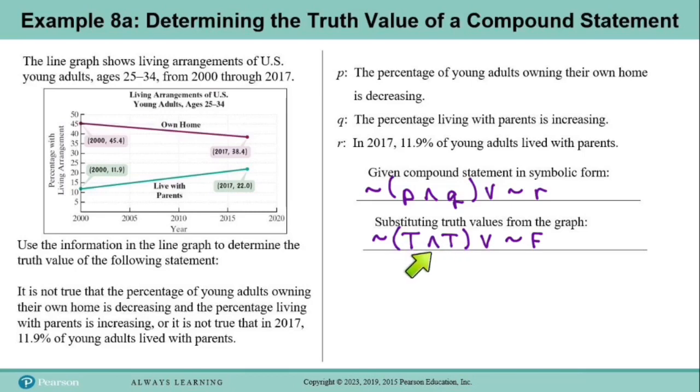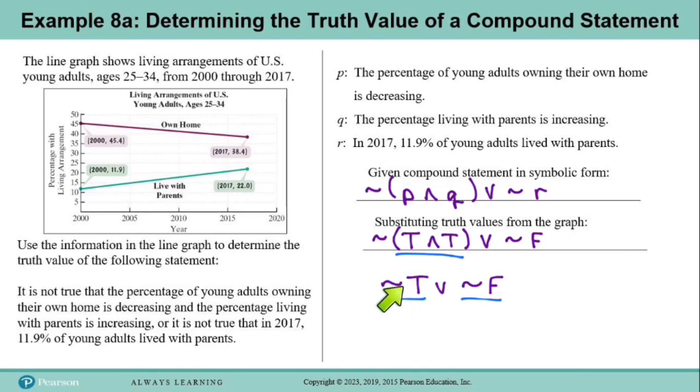All right, now let's work inside the parentheses first. So we have an and statement. So we have true and true. And we know that an and statement is true when both components are true. So this whole parentheses is going to be true. So now we're going to have not true. That whole parentheses turns out to be true. Then we have or, not false. Now, the next thing we need to do is evaluate these two negations.